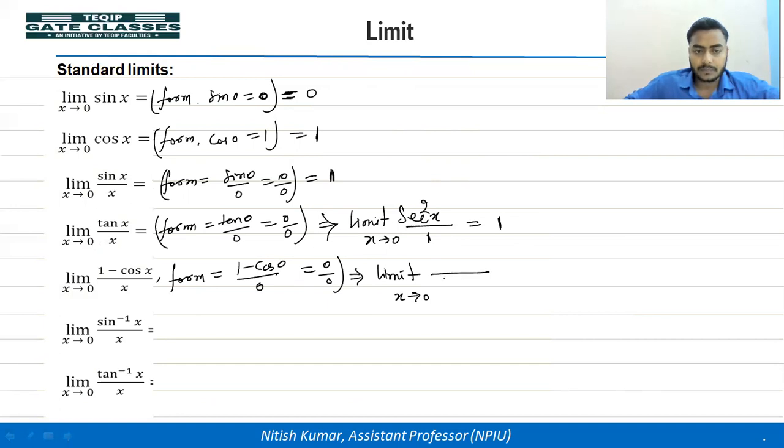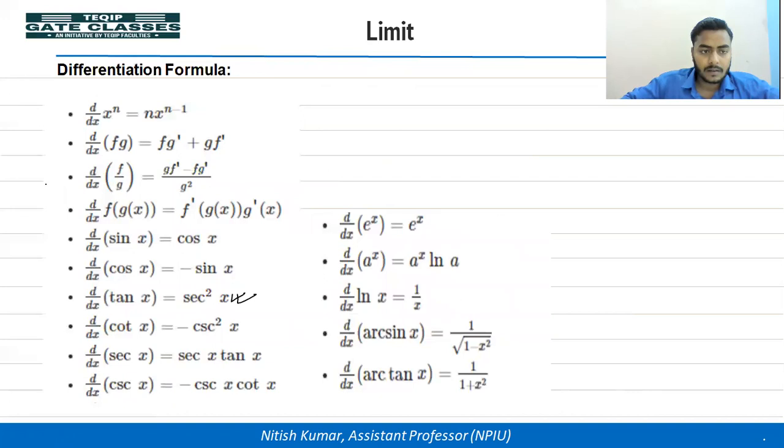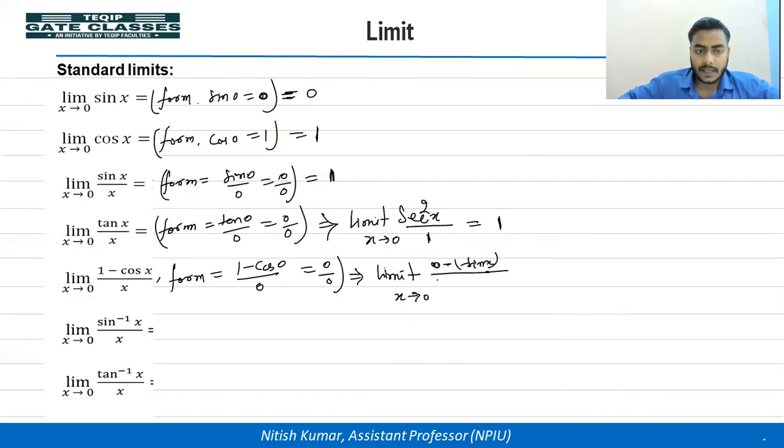So 1 का डेरिवेटिव 0, कांस्टेंट क्या होता है 0, cos x का क्या होता है minus sin x, you can see here cos x का minus sin x, and then here 1 और x का 1, so we are getting plus sin x over 1.